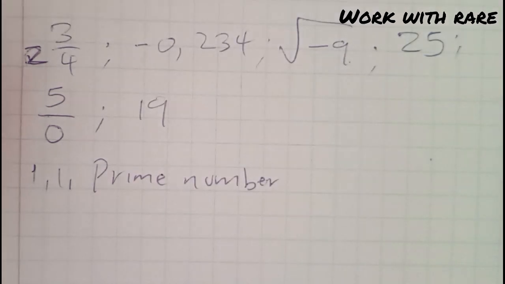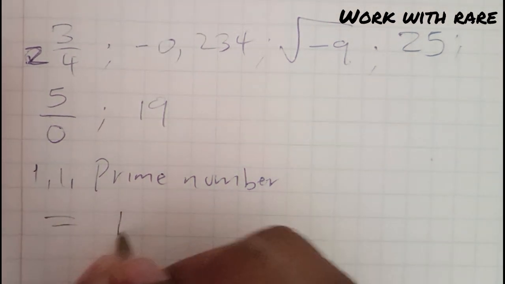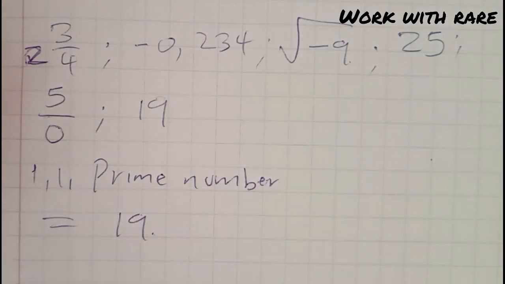You see? So it's not a prime number. But 19, it's a prime number. Why? Because factors of 19 are 1 and 19 only. Okay? So our first answer, our prime number is 19.